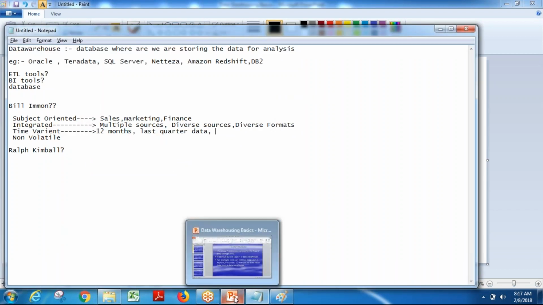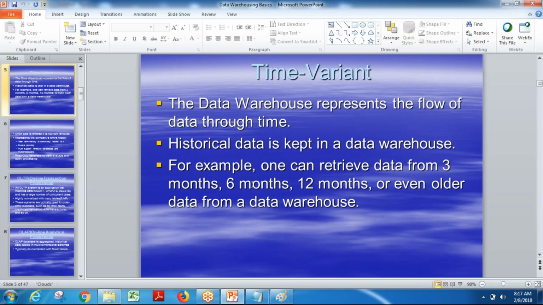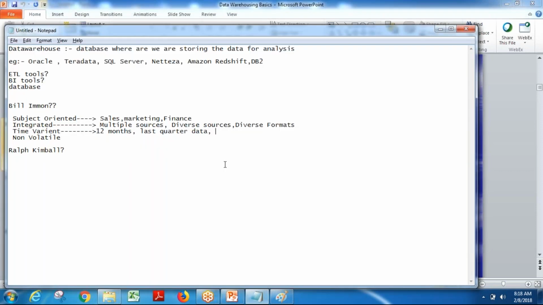So why do we call it time variant? Because it stores the historical data for 12 months, 6 months. I mean, most of the time we even store the data up to 5 years. It depends on the business and the implementation. Since the historical data is present, it is also called a time variant system, right?